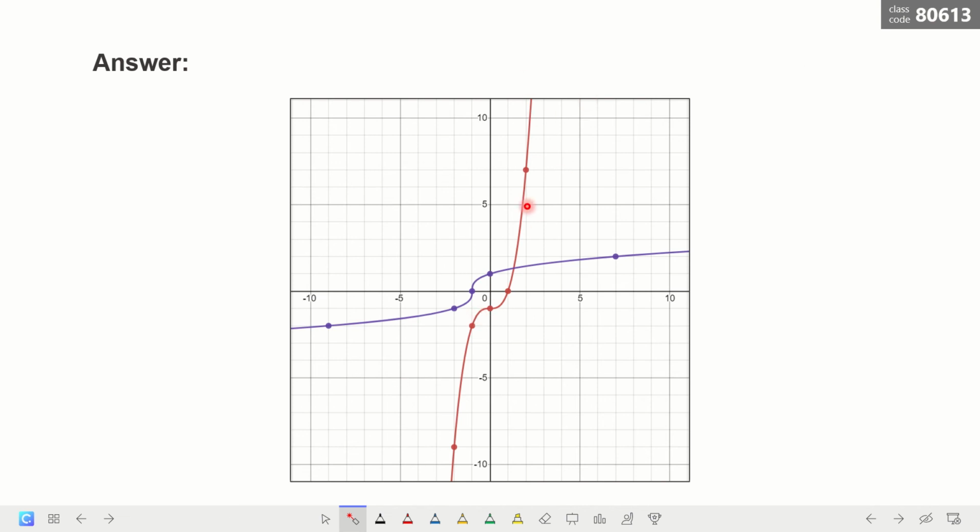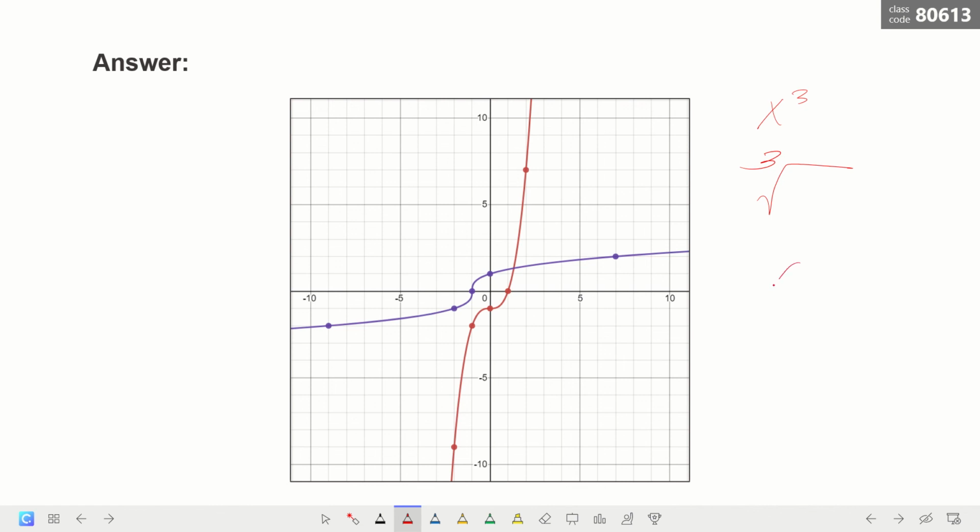So, this is a cubic function. I can't remember the equation, but this is a cubic function. The inverse of a cubic function is the radical function, a radical function with 3 as its index.